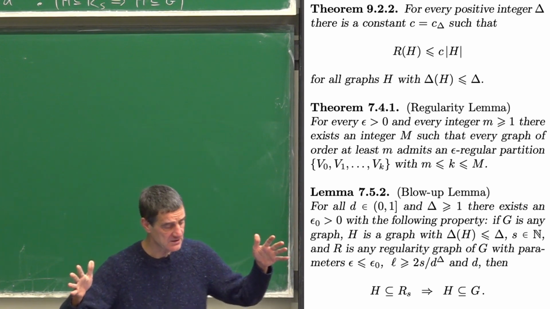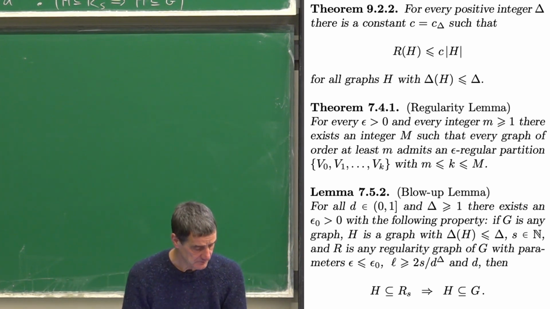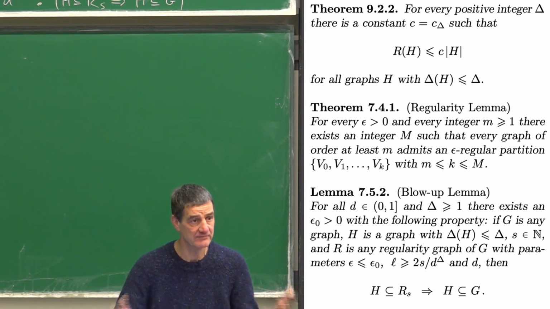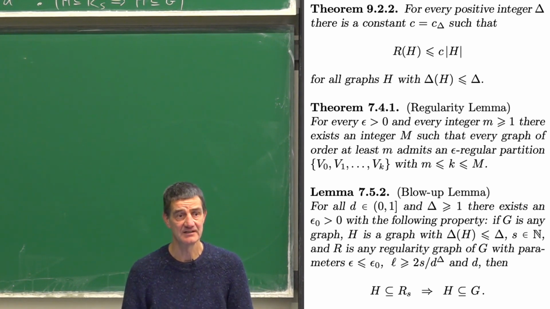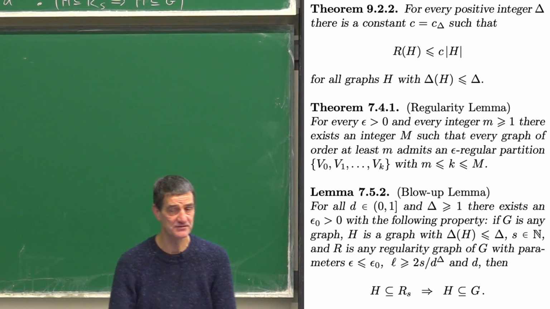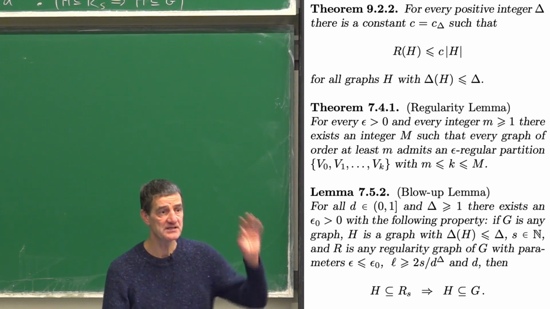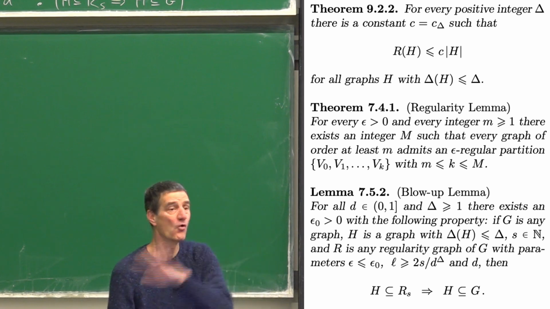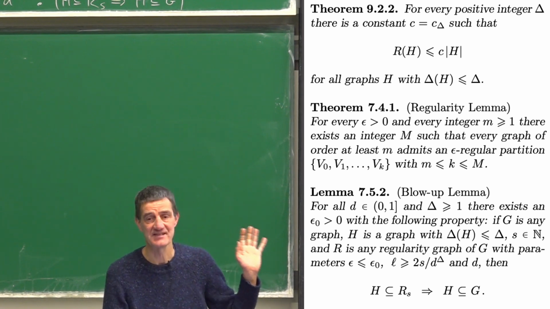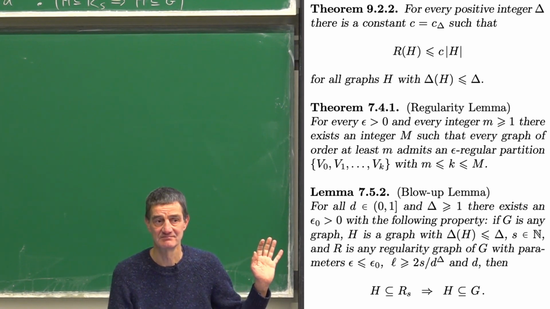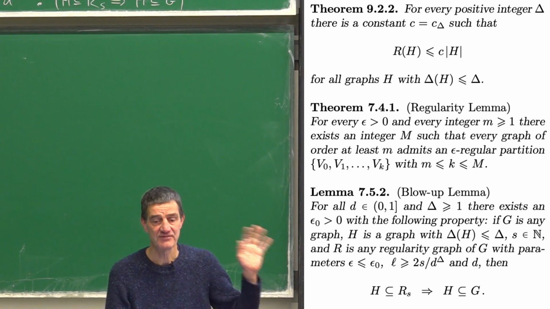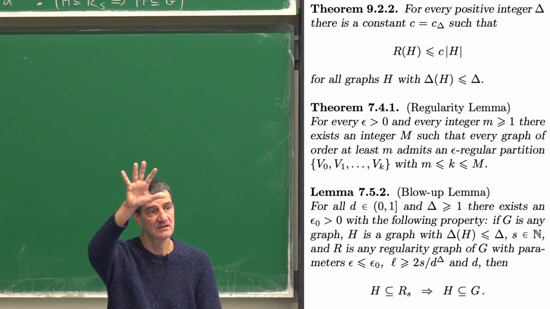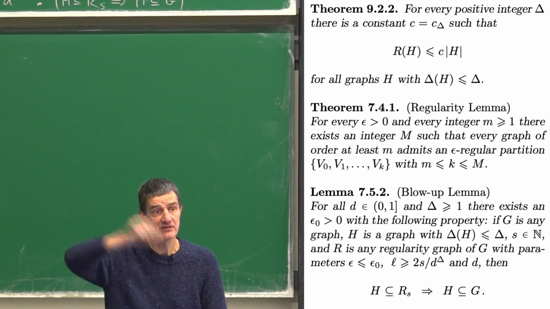And the way to do that is to choose an epsilon regular partition, or to find one, let the regularity lemma give us one of our graph G, and then consider the regularity graph for d equals 0. So all pairs count as dense. This regularity graph has a node for every partition class and an edge for every epsilon regular pair.